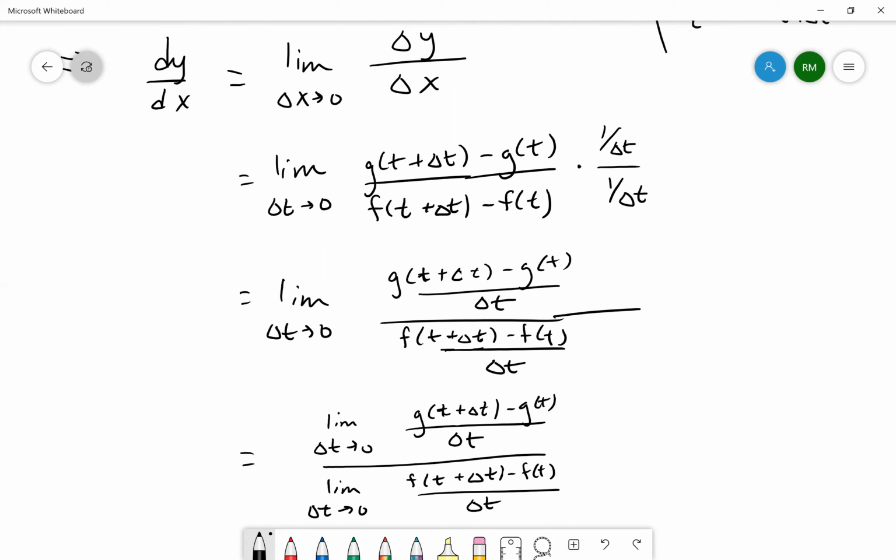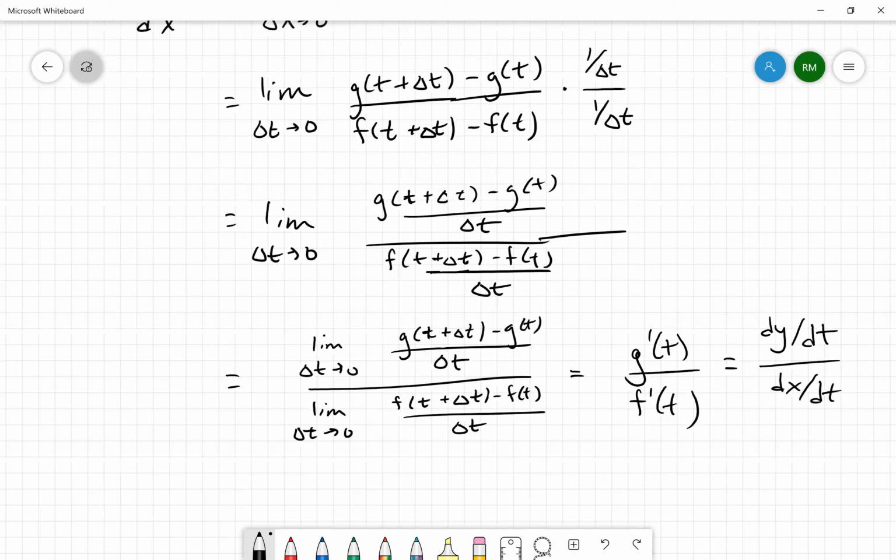So now we want to know, can we recognize this? What does this look like? Well, the top part is something you've seen in calculus. It's the derivative of g, and the denominator is the derivative of f. And so that's the same as dy dt over dx dt.